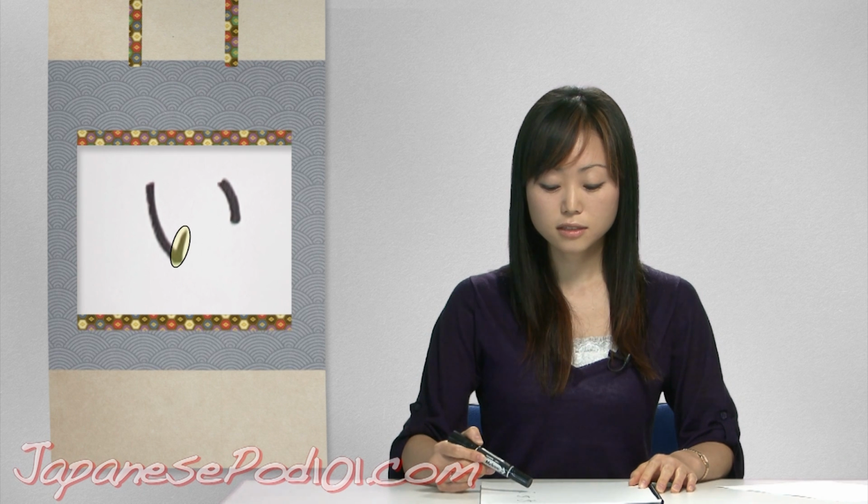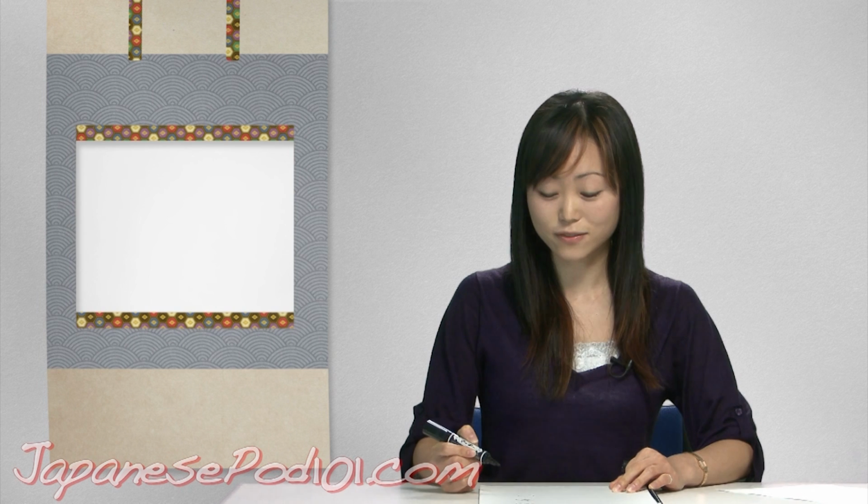This will help you write the lines correctly. Also, don't forget about this part. This is called a hane. This is left from when characters were written with a brush and ink. Try to make this hane with your pen. Believe it or not, now you know how to write a word in Japanese. This is ai, or love.